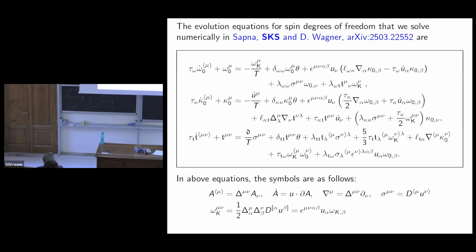Omega kappa beta is the magnetic part of kinematic vorticity, U dot mu is the electric part of kinematic vorticity, and then there are a bunch of transport coefficients. The relaxation to their Navier-Stokes limit is decided by these time scales, tau omega, tau kappa, tau t. And so the task is we want to solve this numerically.